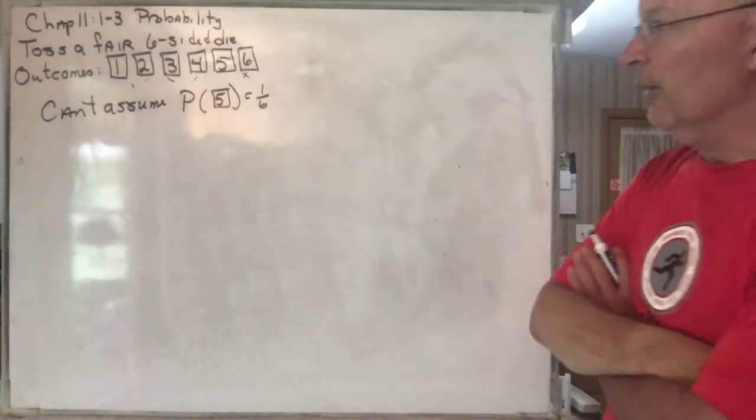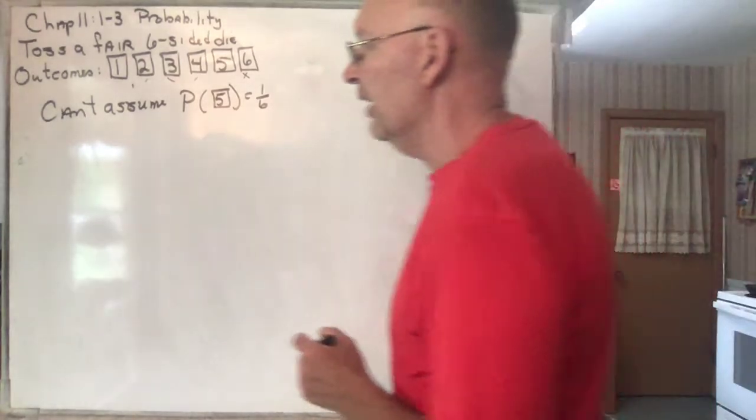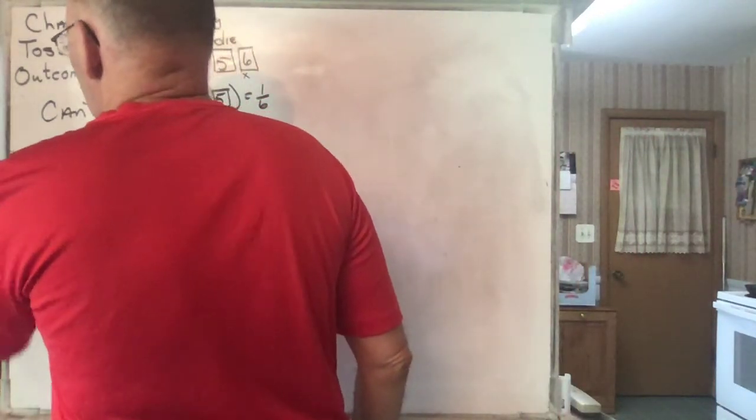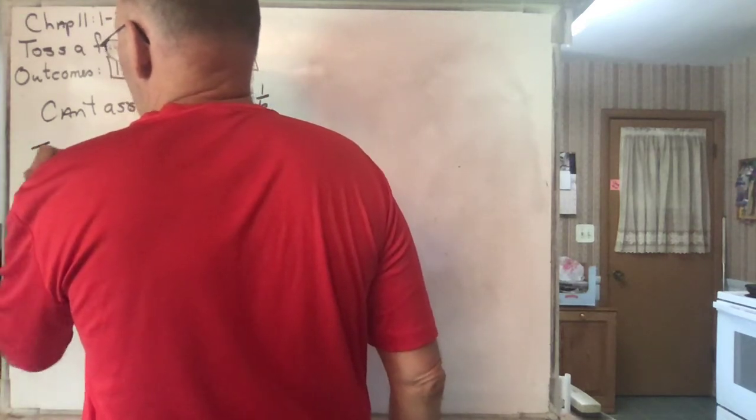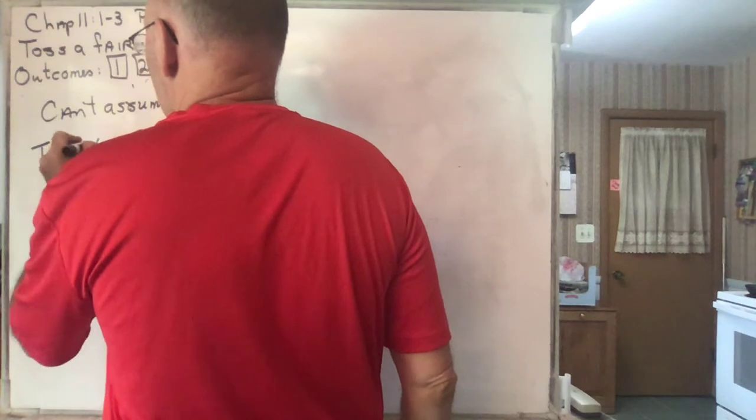And if you think about that, you think, well, let's do this. Let's just take this die, and we don't know what's going to happen, and let's toss it 30 times.